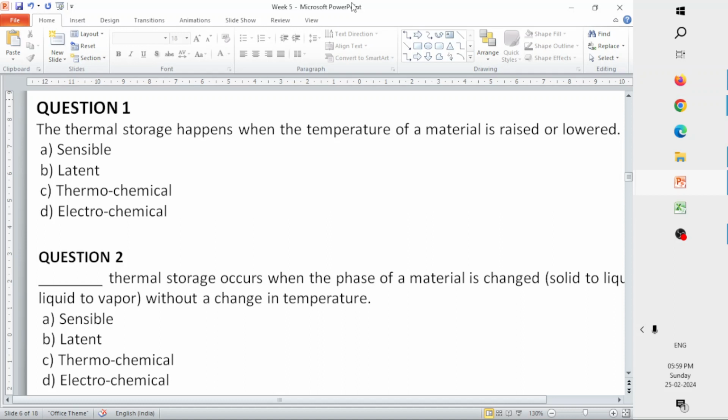Electrochemical energy storage is a different kind of system where you use the principles of electrochemistry to store energy. Over there, charges get stored by different kinds of Faradaic and non-Faradaic reactions, through which you are able to store the energy.